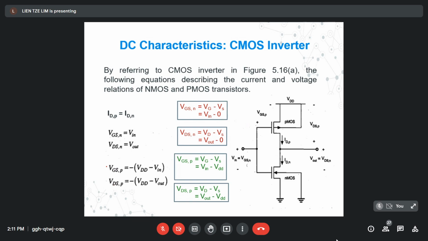For VGSP, this is the VGS for the PMOS. The equation is VGSP equals V in minus VDD.